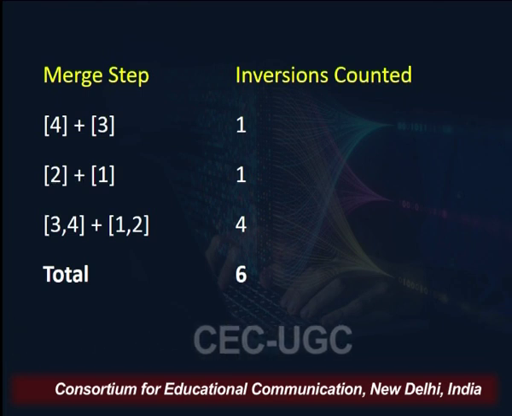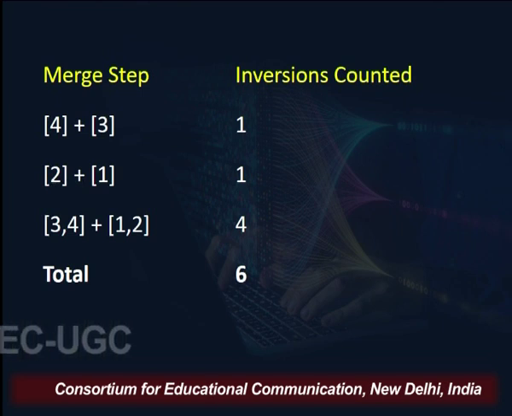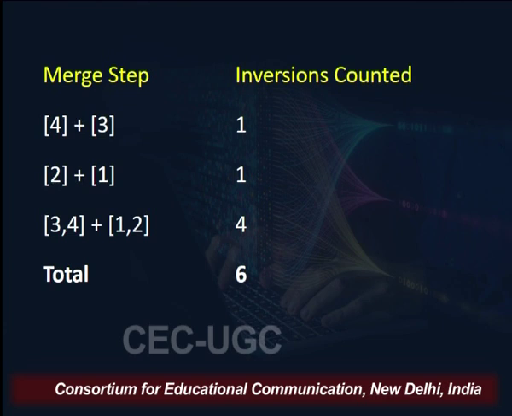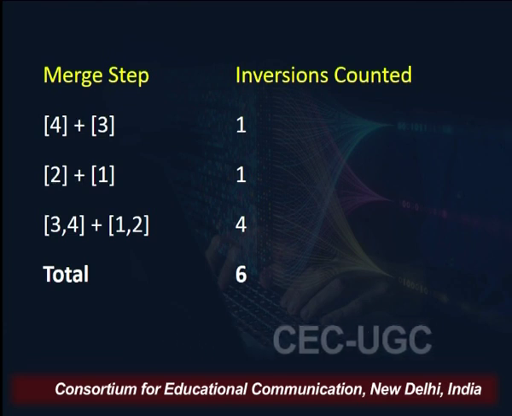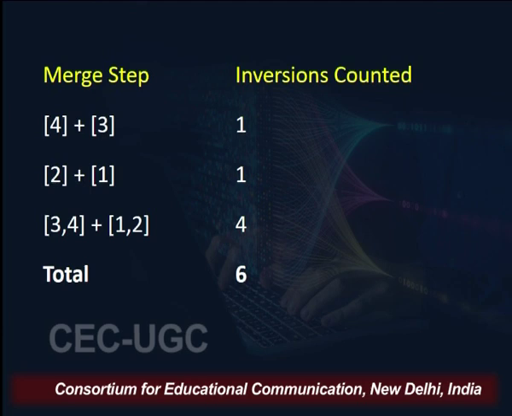When 2 and 1 were merged, 1 inversion was counted. Then at the next step, when 3 4 and 1 2 are merged, 4 inversions were counted, giving us a total of 6. I am sure by now you have an intuitive idea of how we are going to use this modified merge sort in counting the inversions.